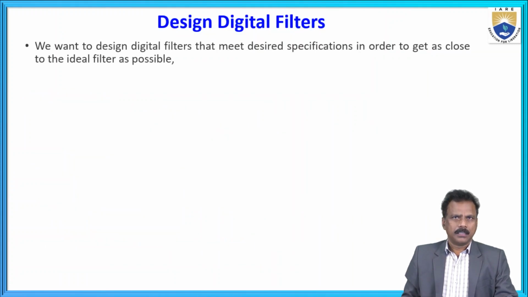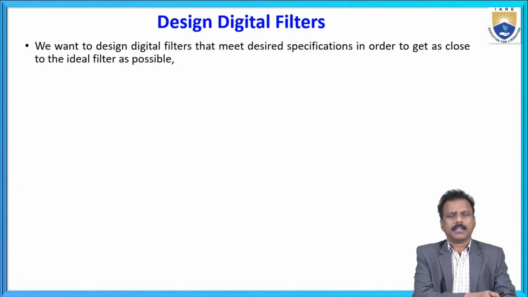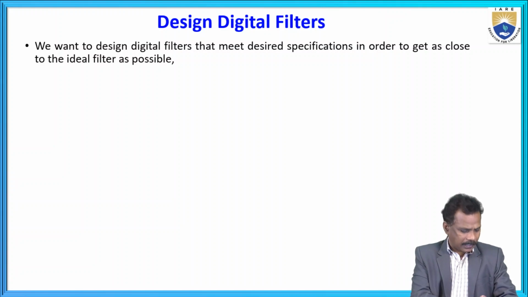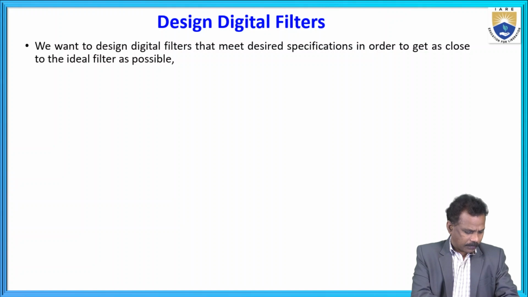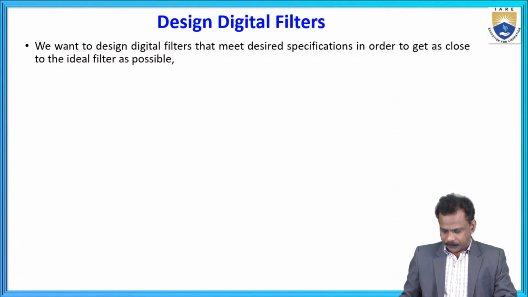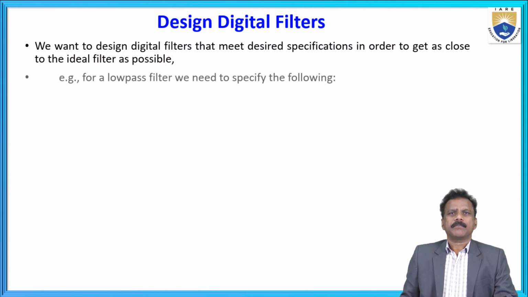We want to design a digital filter that meets desired specifications in order to get as close to the ideal filter as possible. For example, for a low pass filter we need to specify the following.